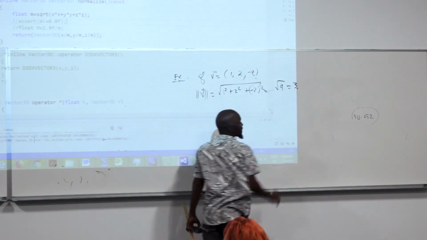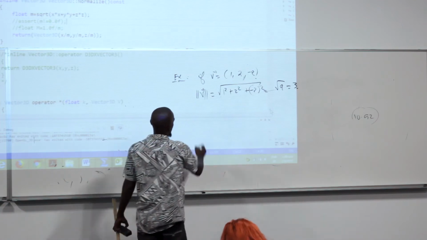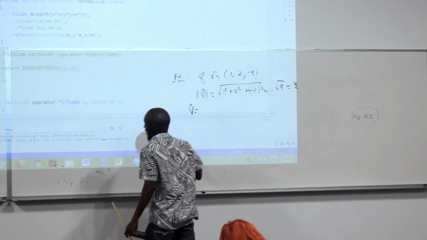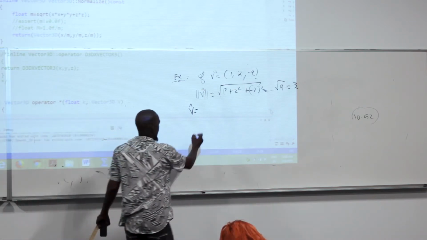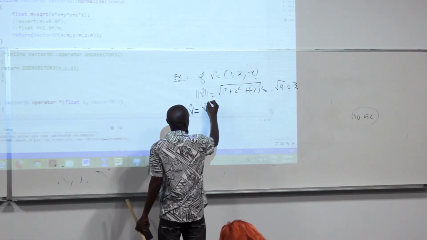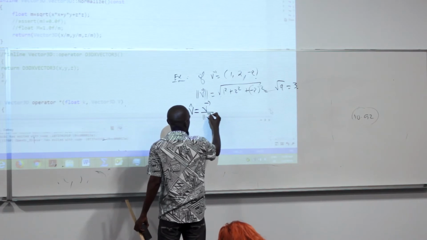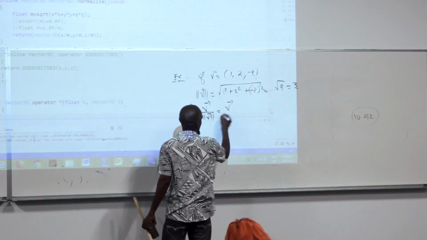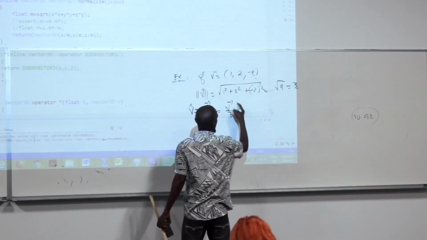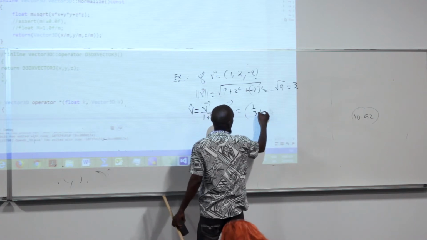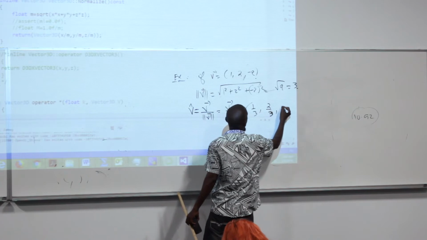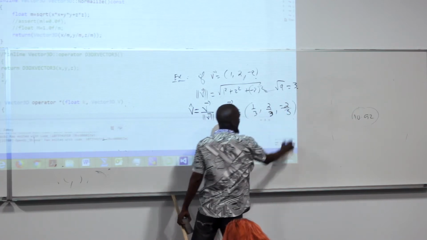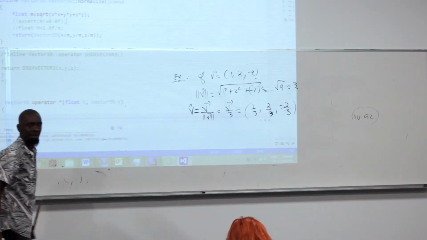And the answer is 3. Then the normalized vector that represents the direction of this vector is V divided by the length, and the length of V is 3. It gives you 1 over 3, 2 over 3, and minus 2 over 3. That is the direction.